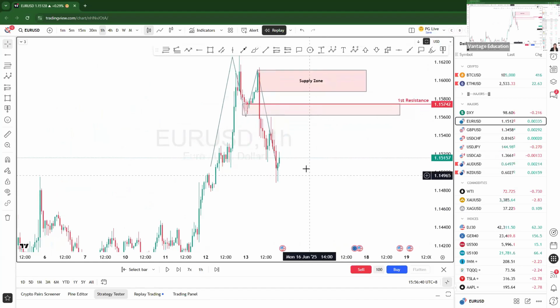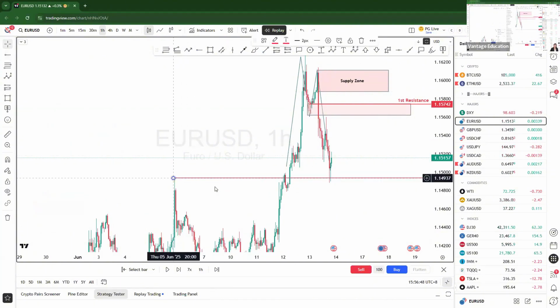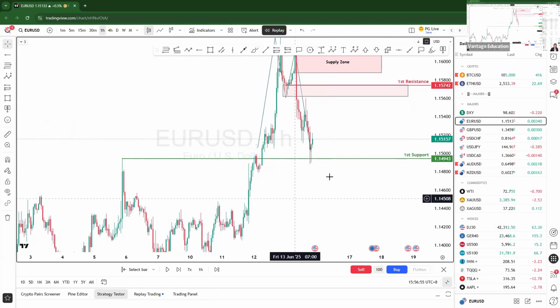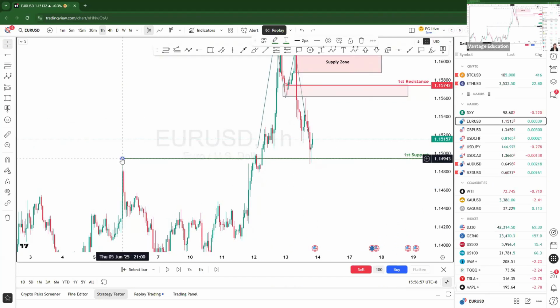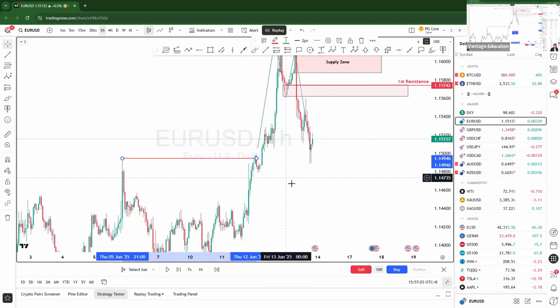Okay, and now price has come from my overlap support level. This is my support level. Then you ask, why do you draw this on the swing high? You can see that before price broke above, it's just one weak high, right?